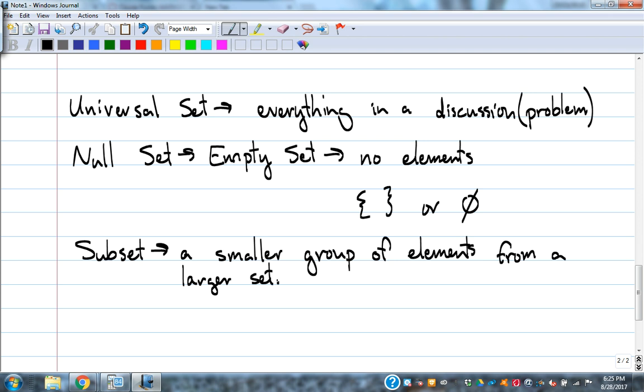Sometimes that larger set is the universal set. Sometimes that larger set is maybe just a larger set of numbers. Like you had 10 numbers and you have a subset of these certain 3, something like that. That's a subset of that. We're going to get some notation stuff as we go along here with some examples using these things.